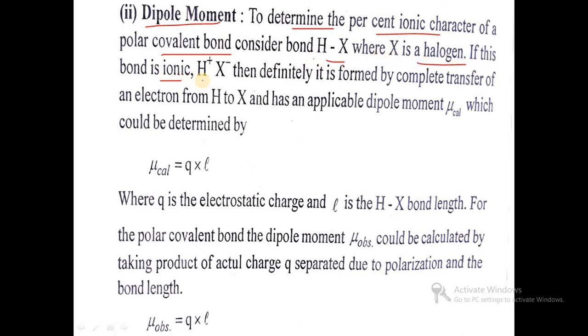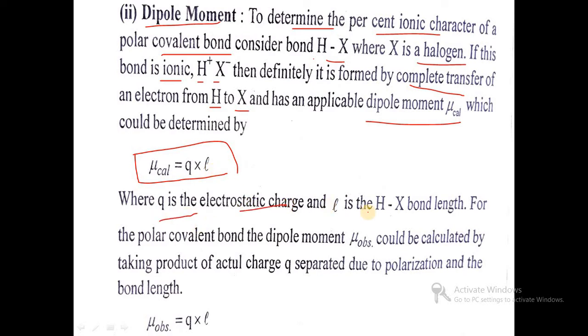If this bond is ionic, then it carries positive and negative charge, formed by complete transfer of electron from hydrogen to halogen, and has an applicable dipole moment, mu calculated, which could be determined by the equation mu calculated is equal to Q, the charge on the atom, times L, the separation between the two atoms.